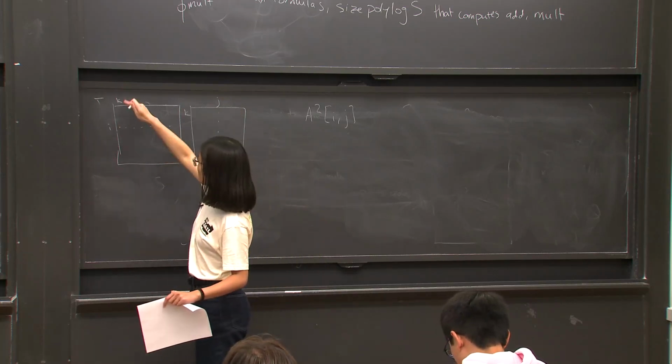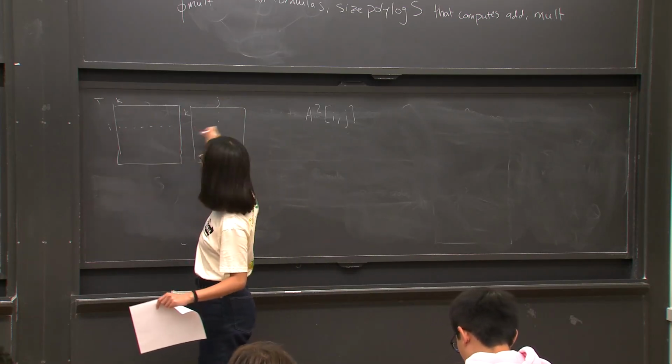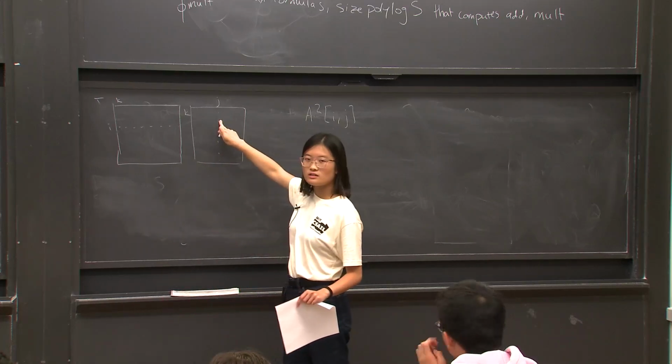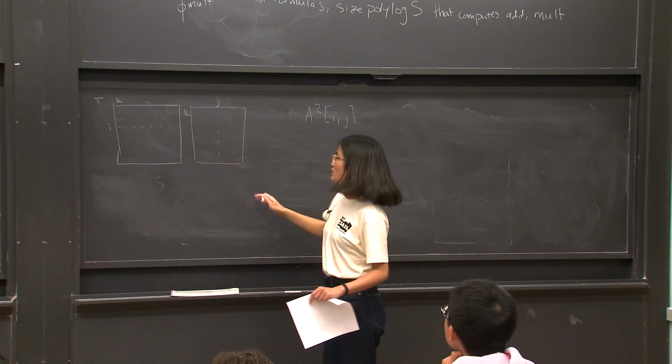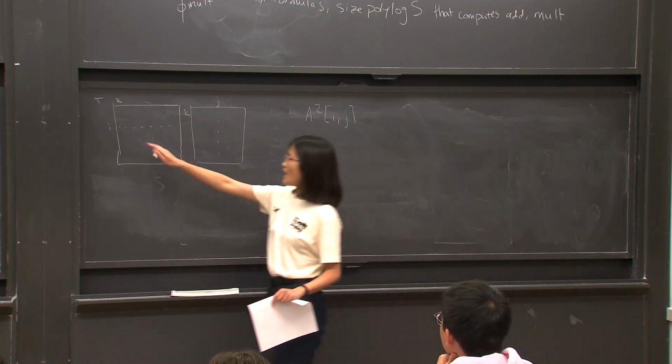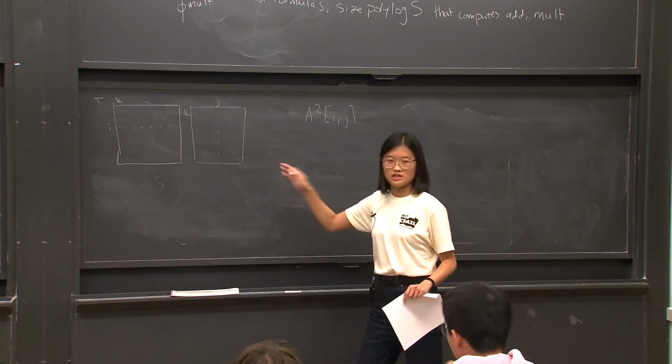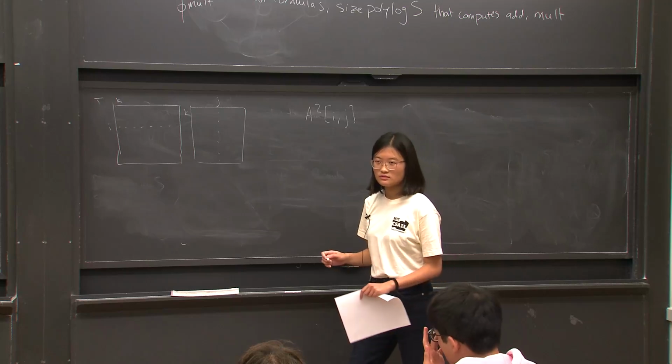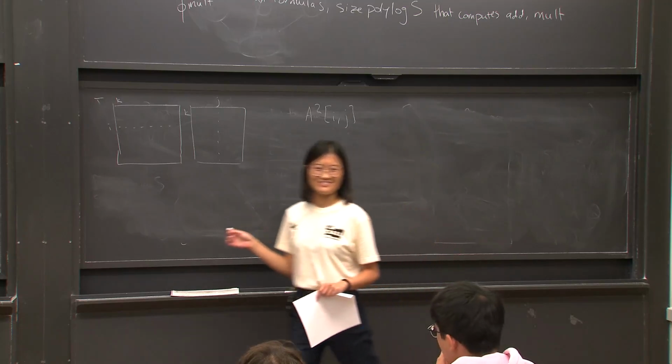And then you do this for k equals 2 also. The final sum of these products will be 1 if and only if there is a way to go from i to some k to j in 2 time steps.